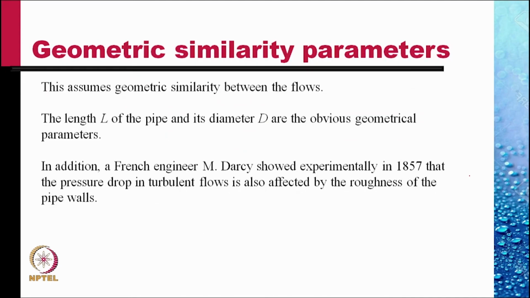This assumes geometric similarity between the flows. The length L of the pipe and its diameter d are the obvious geometrical parameters. In addition, a French engineer by the name M. Darcy showed experimentally in 1857 that the pressure drop in turbulent flows is also affected by the roughness of the pipe wall.